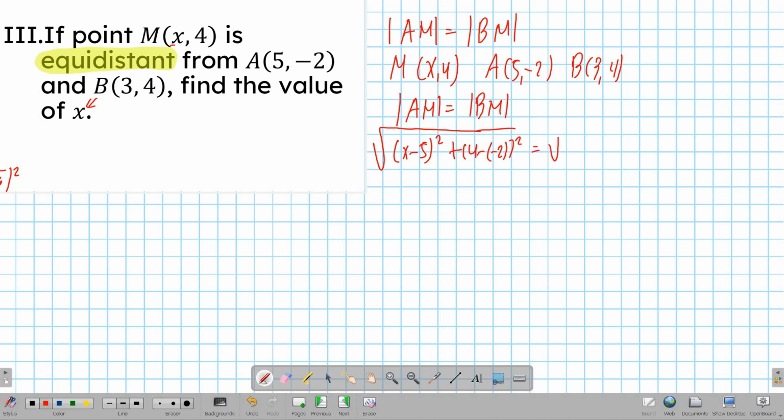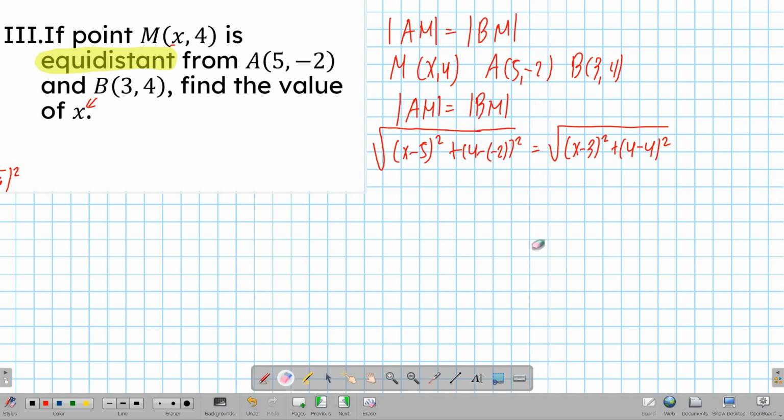While the length of BM will become the square root of x minus 3 squared, so that is conventional, plus 4 minus 4 squared. Which we can see here actually that 4 and 4 are the same, which means if they have the same ordinate, B and M are horizontal to each other.